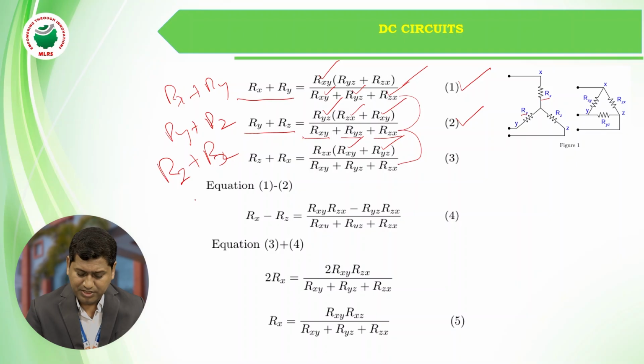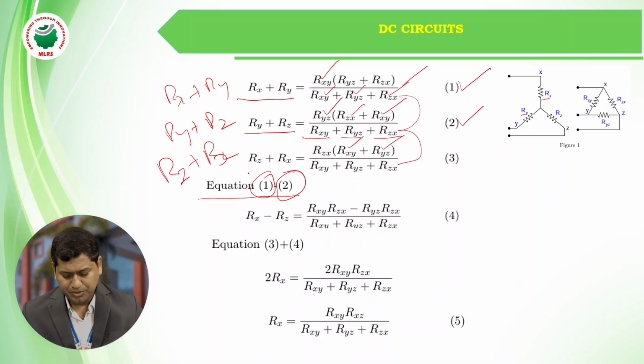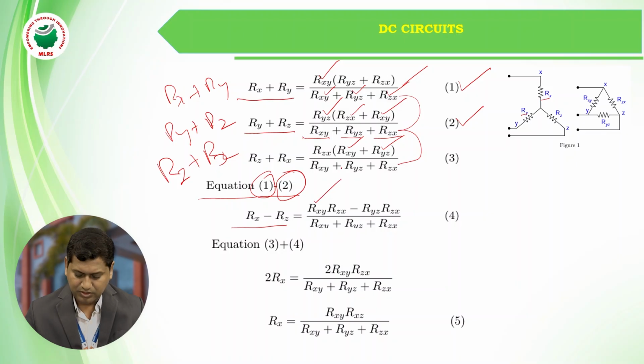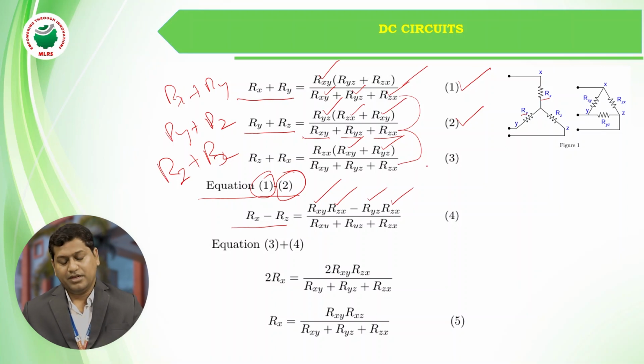So I am equating this equation number 1, subtracting equation number 2, I am going to get Rx minus Rz. So I am going to get the equation as Rxy Rzx minus Ryz into Rzx divided by Rxy plus Ryz plus Rzx.